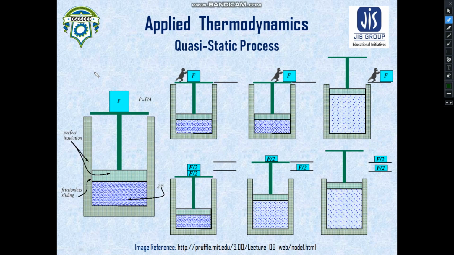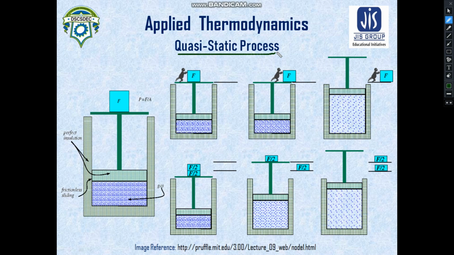Practically no system can be in thermodynamic equilibrium, but for thermodynamic analysis we assume two basic things: first, the thermodynamic equilibrium conditions, and second, that all thermodynamic processes take place in quasi-static mode. This is what we refer to as quasi-static processes.